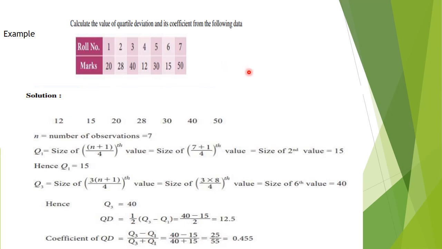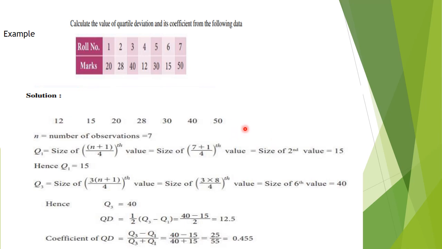Q1 is equal to size of (n plus 1) by 4th value, which is equal to size of (7 plus 1) by 4th value, then size of second value. Now we will see the series, which is the second value. Second value is 15. So Q1, the lower quartile, is 15.